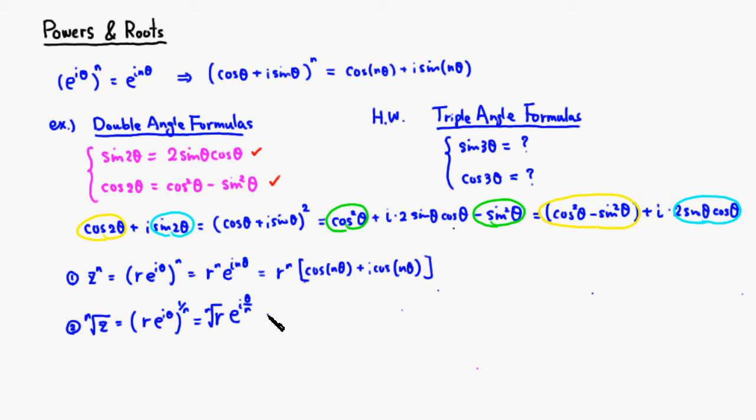So the absolute value is raised to the 1 over n power, or nth root, and then you have cosine of theta over n, and then, I messed it up, sorry, this was supposed to be sine, plus i sine of theta over n.